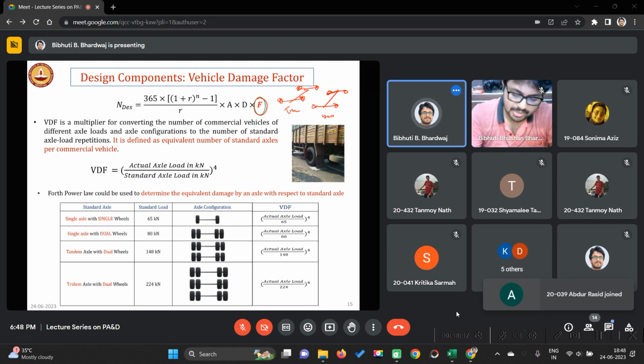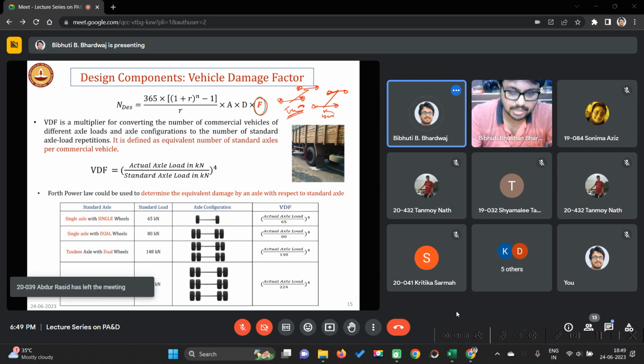But if I count them as one in each case, that will be biased, because trucks will generally be carrying more loads. So we need to convert all those things to some standard value, right?